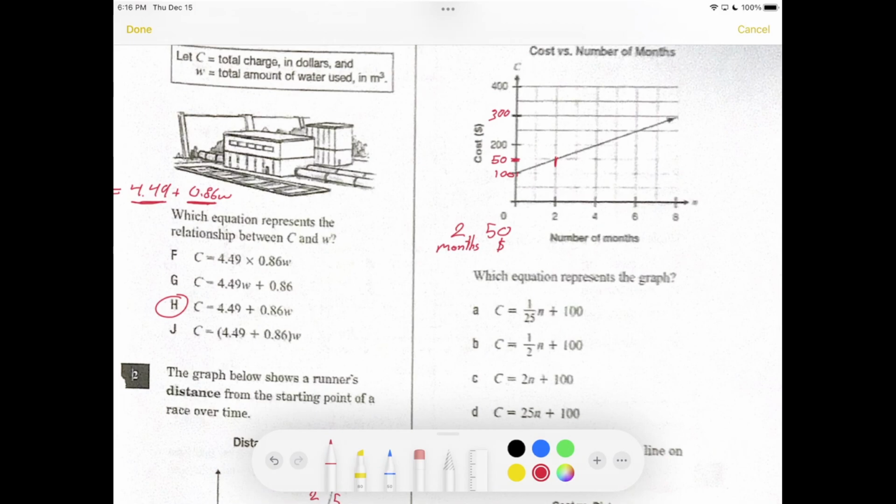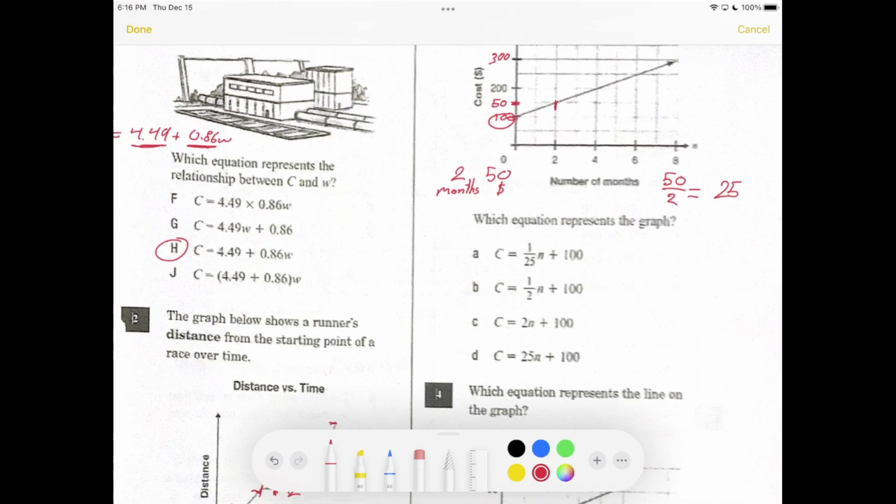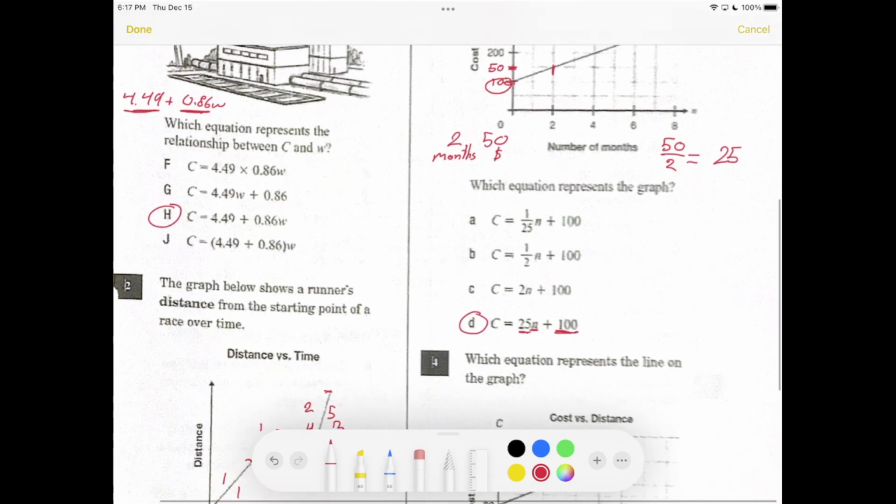So 50 over 2, and we just do 50 divided by 2, which is 25. So we know that it starts at 100 and it goes up by 25 each time. Let's look at what best represents this. Well, we can see at question D that it starts at 100 and goes at 25 per n, with n being the number of months.